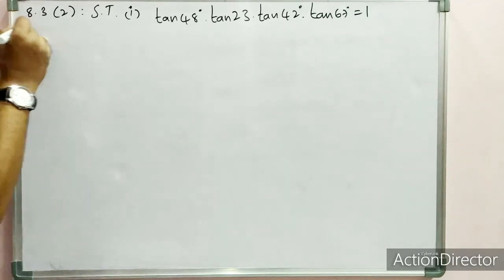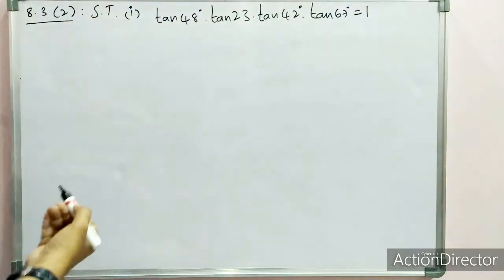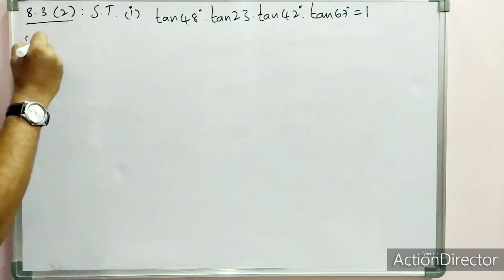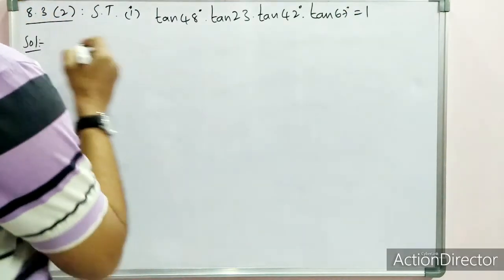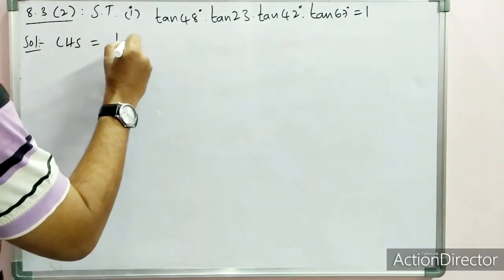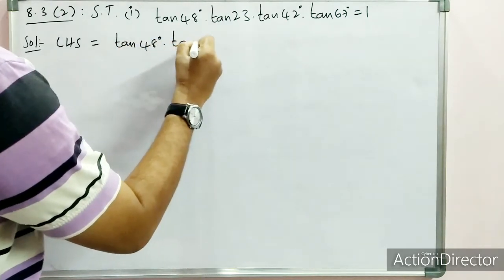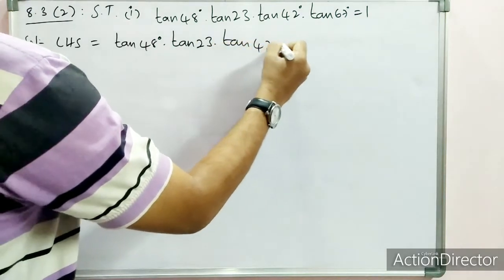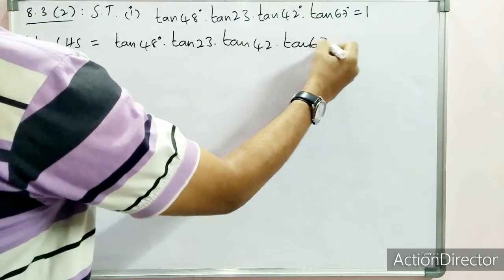Now question number 2, in this first bit, show that this value is equal to 1. For this type of question, you take the LHS part and show that it is finally the RHS, the right hand side part, which is 1. Now the LHS part is tan 48 into tan 23 into tan 42 into tan 67.